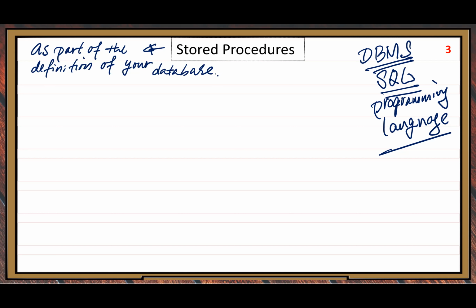For a database, you need to define your database, right? Think about it. You need to write SQL statements to define your database. When you write your SQL statements, you need to define many tables. Other than tables, you have other constructs you need to define, right? Domains, constraints. We will talk about those things later, okay? Many other constraints.